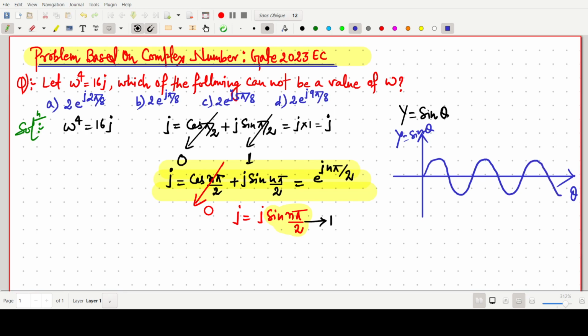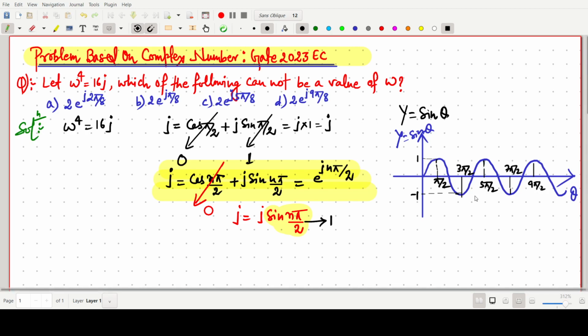I will tell you why I am doing this. Here the value of sine theta is 1, and this value will be minus 1 at this point. This point will be pi by 2, this point will be 3 pi by 2, this point will be 5 pi by 2, and this one is 7 pi by 2. This is very fundamental, and we have to know this graph, sine theta graph or cos theta graph.